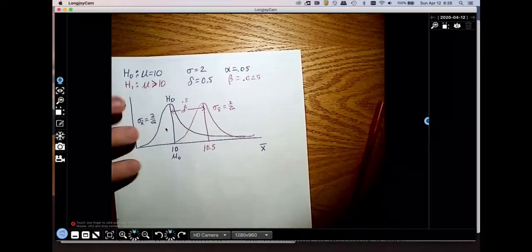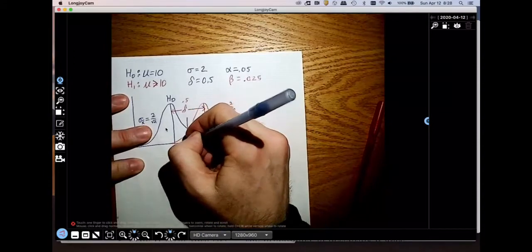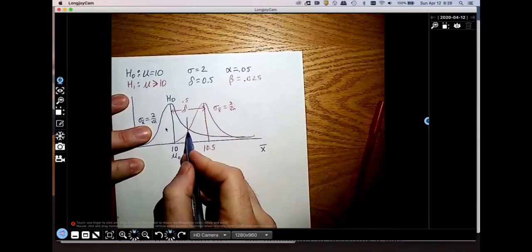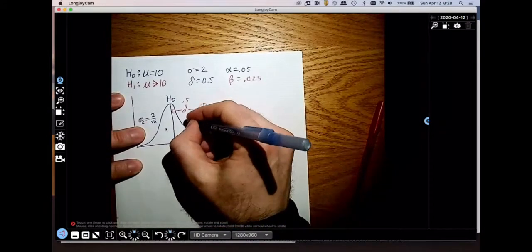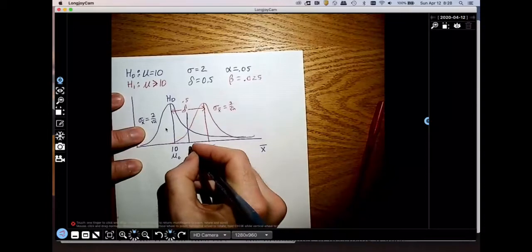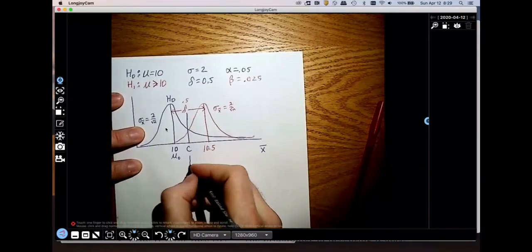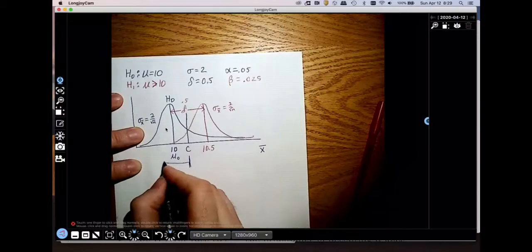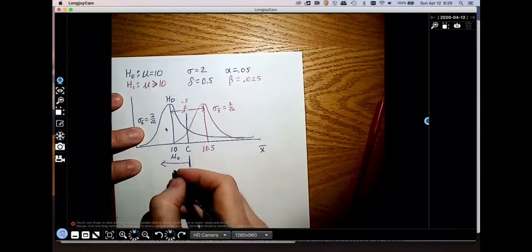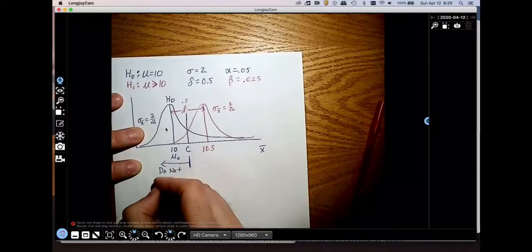Now, what I really seek is some sort of a cutoff. I meant not to draw this through the intersection. All right, so this is some cutoff that I'm going to call C. Now, my decision rule is going to be as follows. Whenever I get an x bar less than C, I am not going to reject H naught.